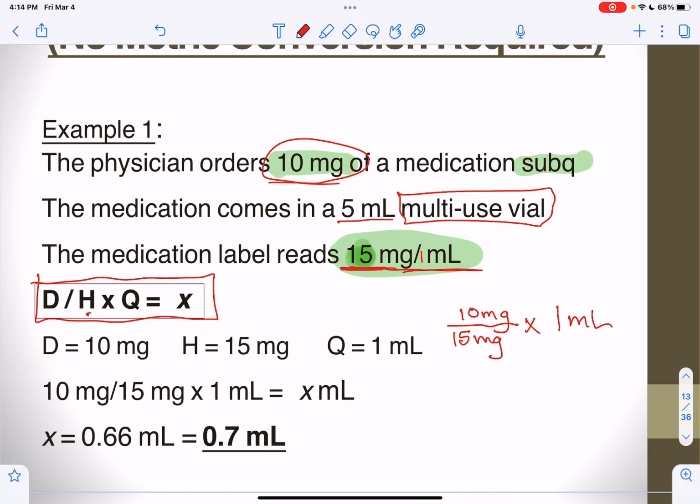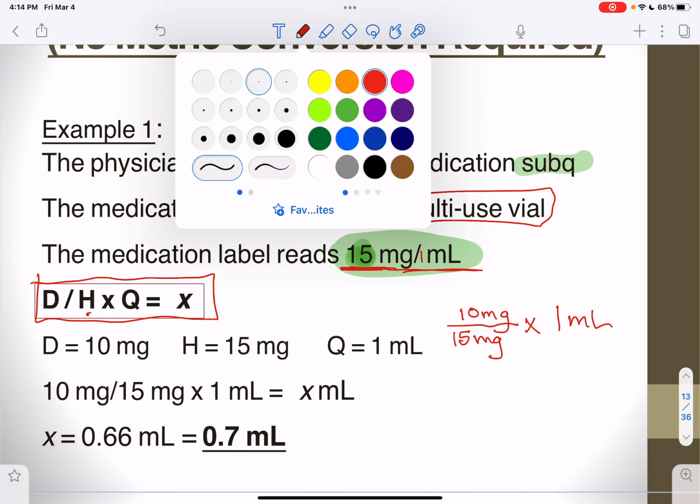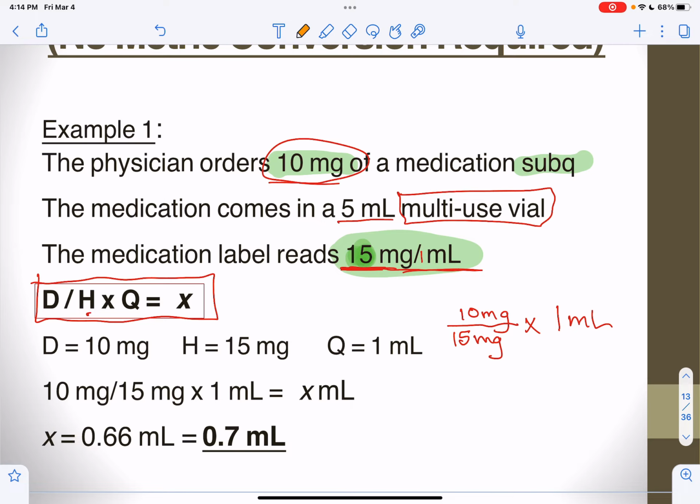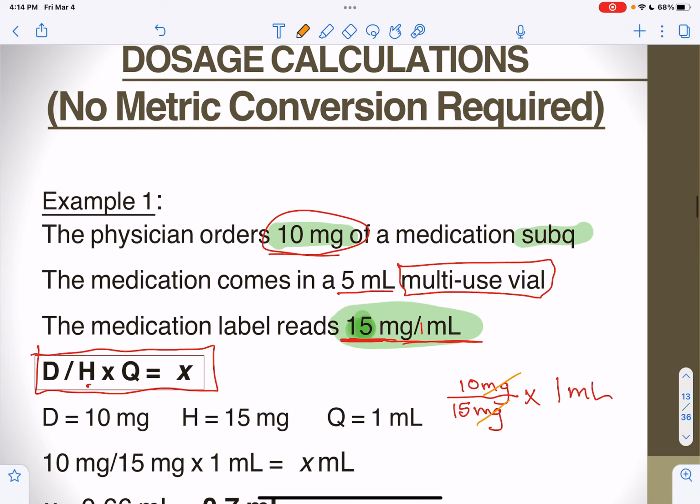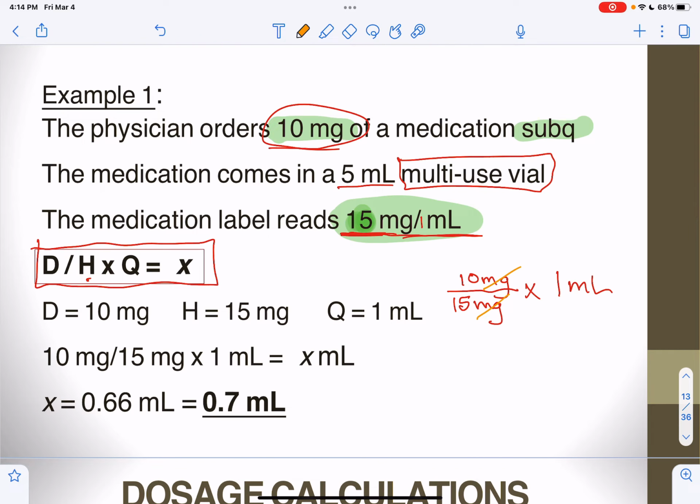Now, these cancel each other out, right? Milligram and milligram cancels out. And so we just have to do 10 divided by 15, which is 0.666666667, right?